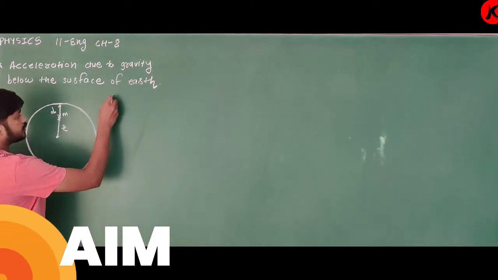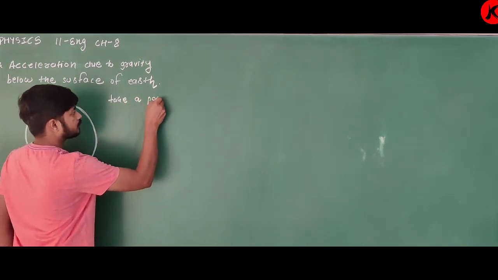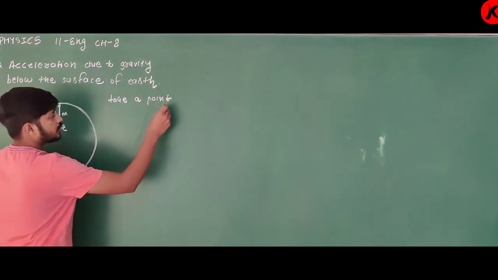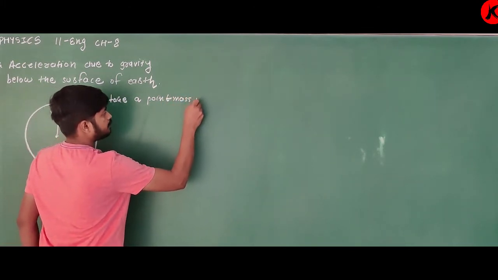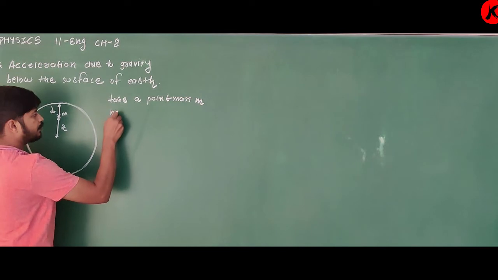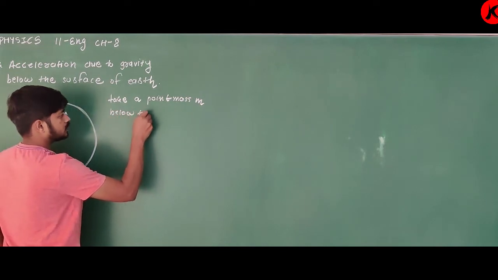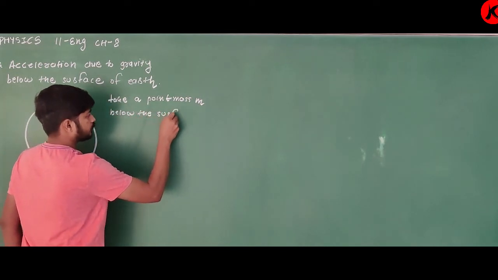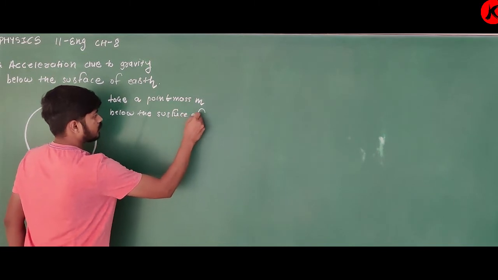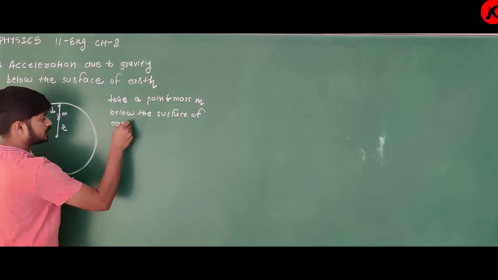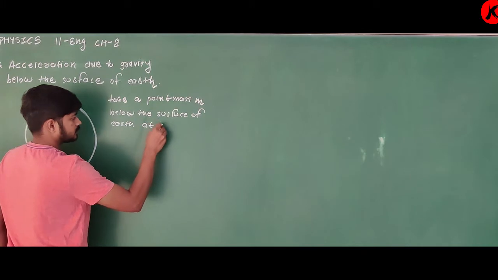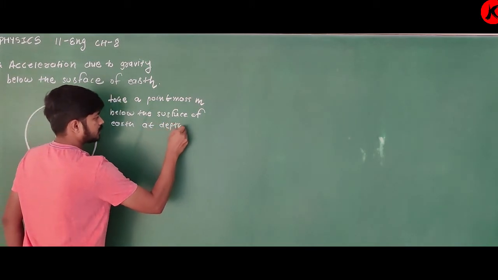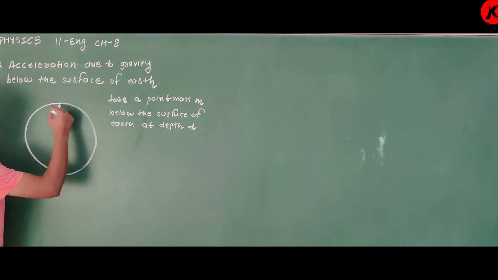Take a point mass m below the surface of Earth at depth d, and r is the distance from center.